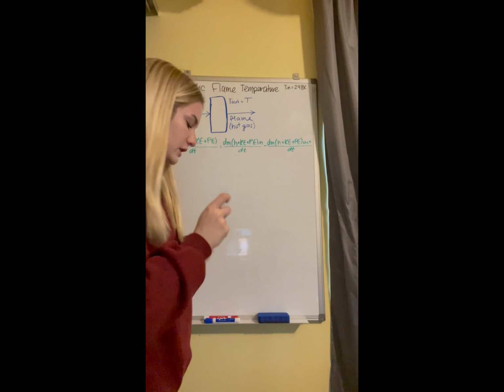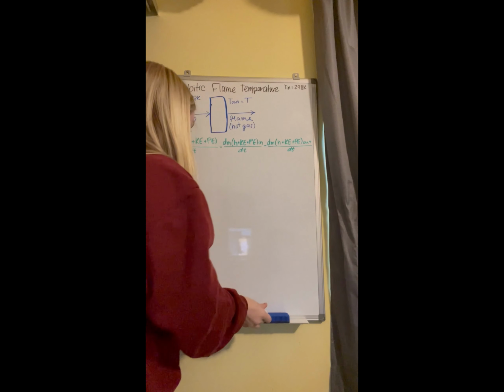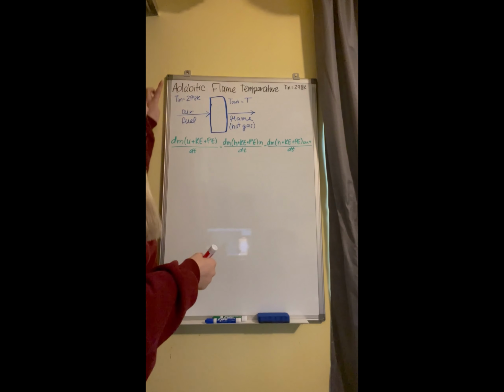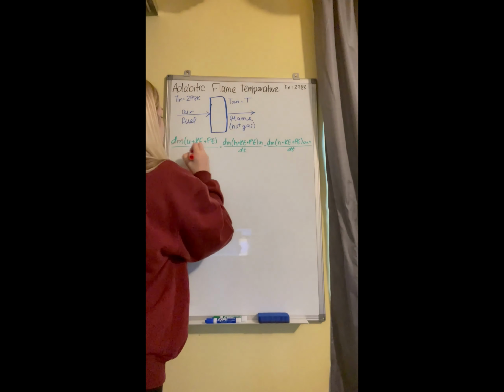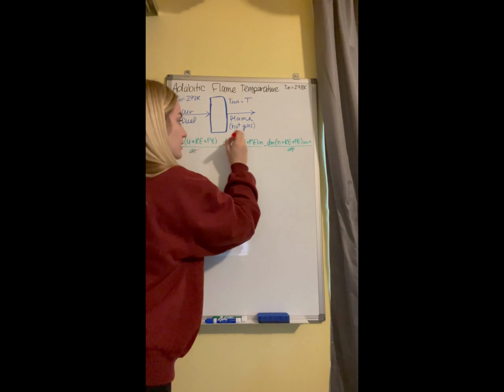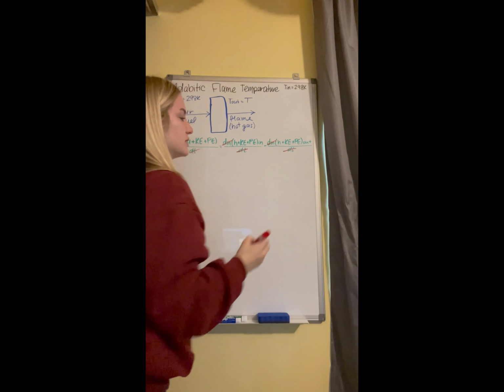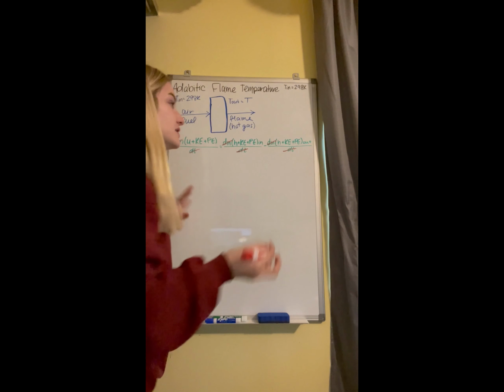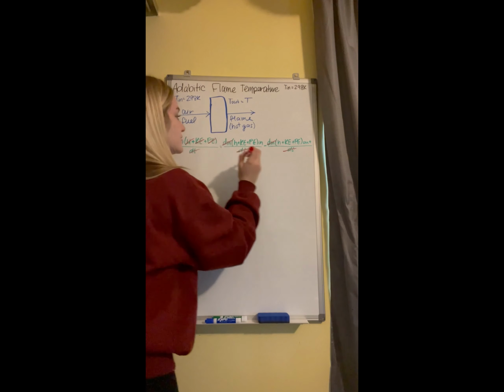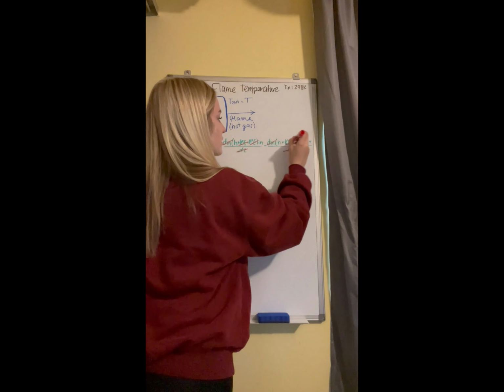So now, if we are looking at our situation here, we can see that it is adiabatic, so there is going to be no change in mass at all in our system. So we can cross all of those out. The energy inside of our system is not going to change, so all of these can be crossed out.